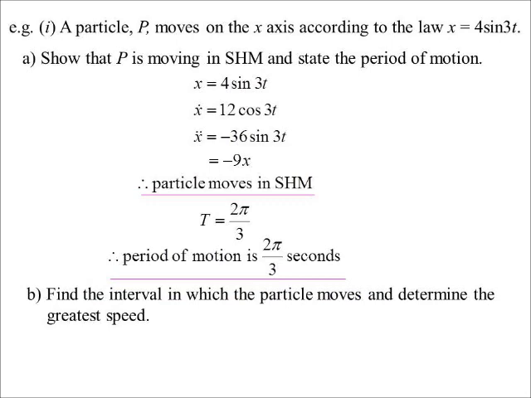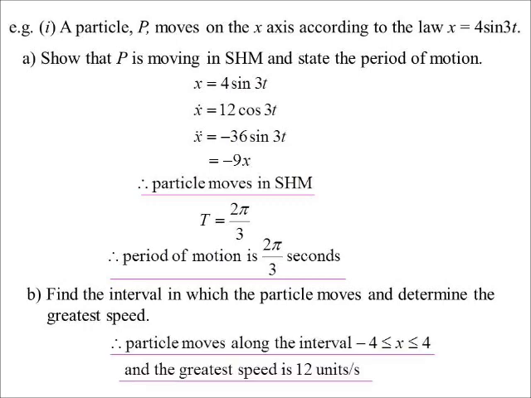Find the interval in which the particle moves. I'm not going to do a whole heap of calculus to do that. This is what I mean. You don't need the v squared one. If I've got the trig formula, I just use my knowledge of trig. I know 4 sine 3t goes between 4 and minus 4. I don't have to do any fancy calculations.